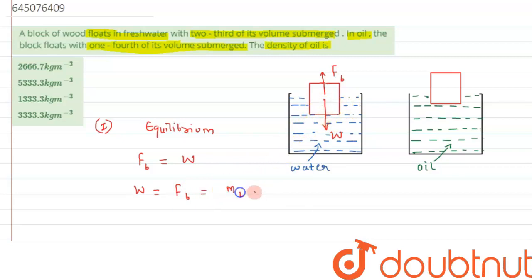So we write it as m_l g, that is, mass of liquid into g, and the mass of liquid can be written as density of liquid into the volume of the liquid displaced. The volume of liquid displaced is 2/3 of the block. Let's suppose the volume of the block is V, so the volume displaced is 2/3 of V. So we write it as rho_L into 2/3 V into g. This is the weight of the block we have calculated. Let's say this is our equation number 1.